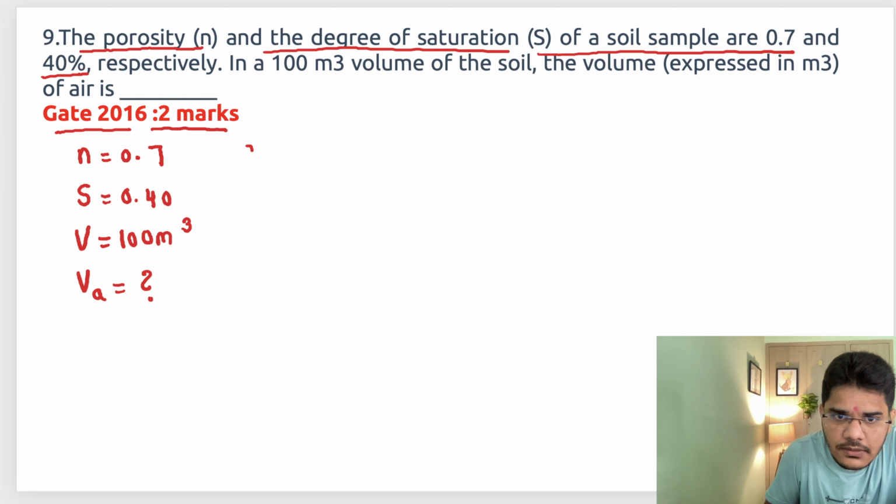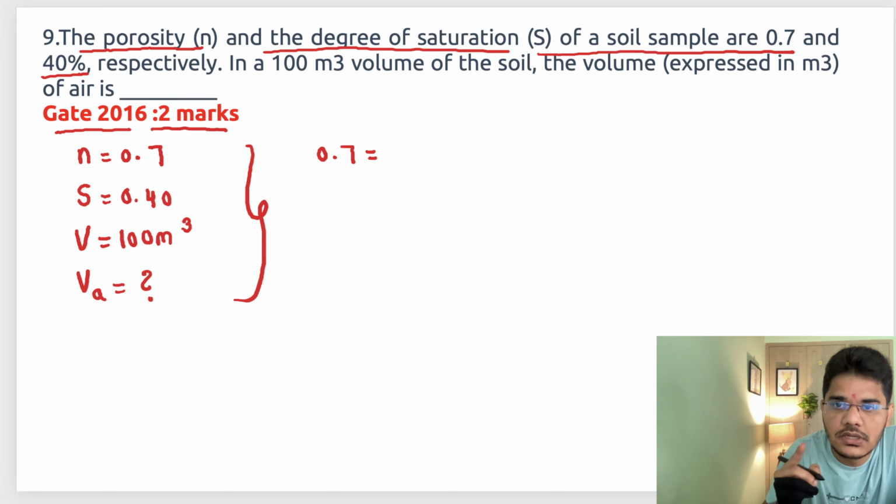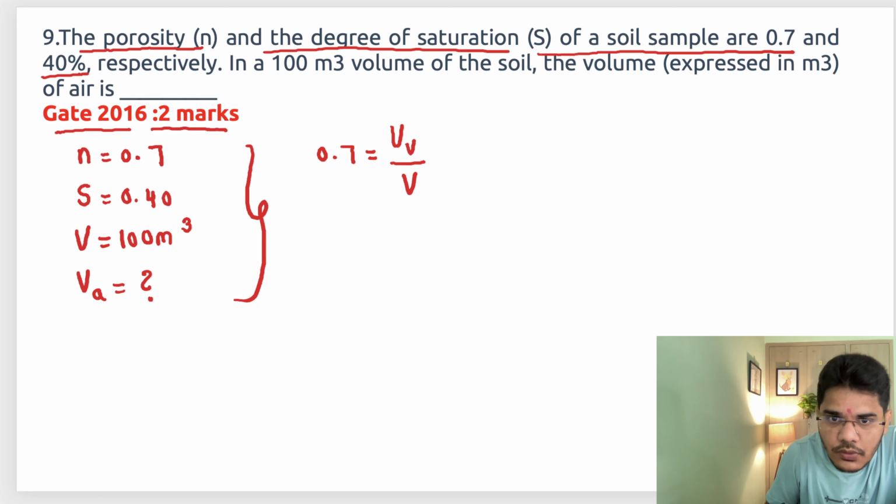So we know that porosity, 0.7, is equal to, by definition, volume of voids to the total volume. We know this total volume and this porosity, so volume of voids can be calculated.